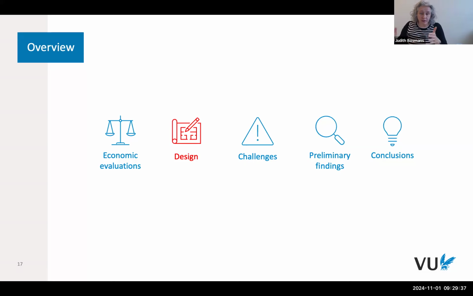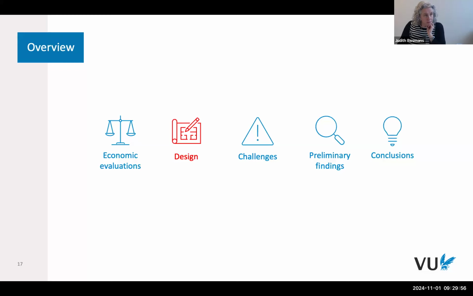And if that's high enough, it doesn't necessarily have to be 95%, in some situations we may also say that if the probability is 80%, we're satisfied and we consider it a cost-effective intervention.